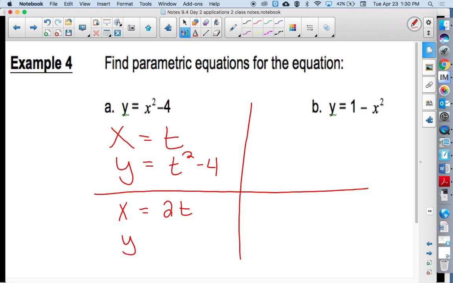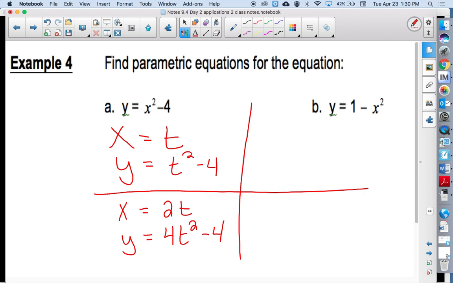So if you take 2t, plug it in for x, and square it, that becomes 4t squared, and then we have minus 4. That is a different set of parametric equations with the x representing 2t.